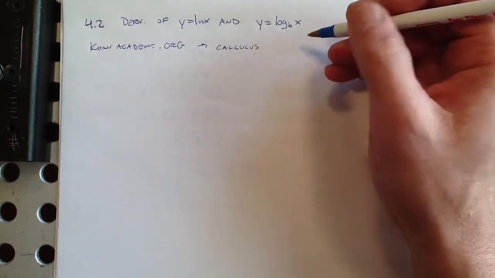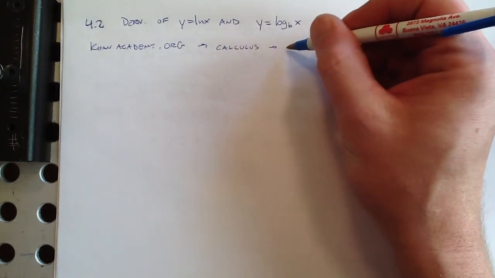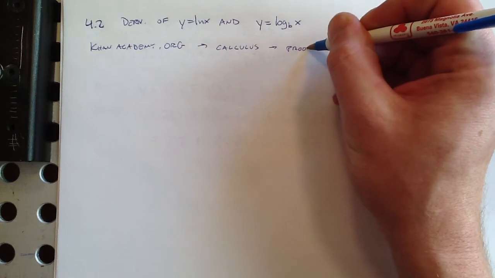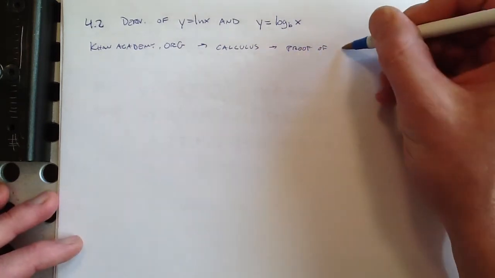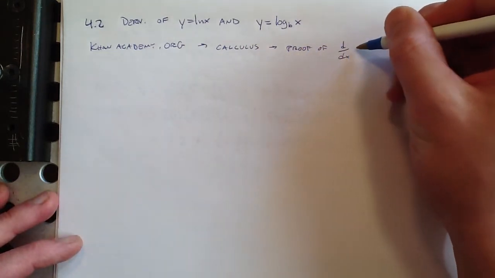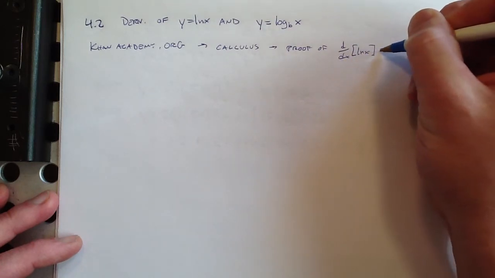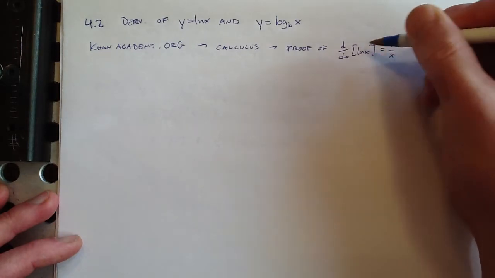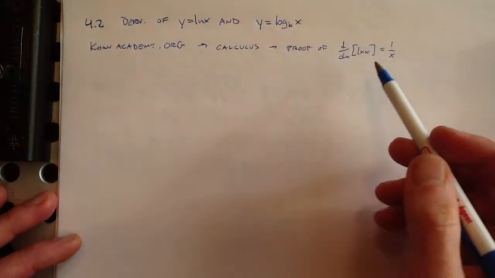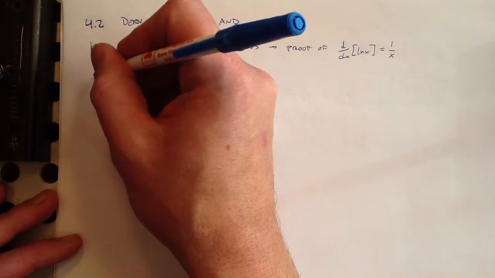And then if you keep scrolling down, you'll see something like proof of the derivative of natural log x is equal to 1 over x. And, well, there it is. That's the result.